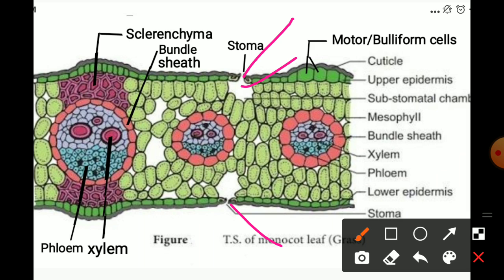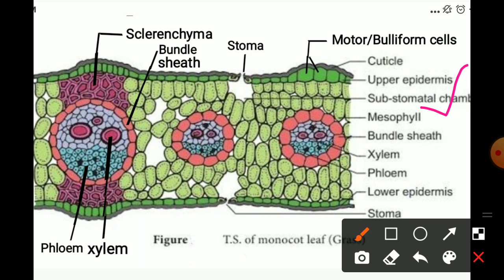The stomata show the stomatal cavity over here. This is a respiratory cavity, which we call the substomatal chamber. Now, this is all about the internal structure of the monocotyledon leaf, which is the bifacial dorsiventral organ.